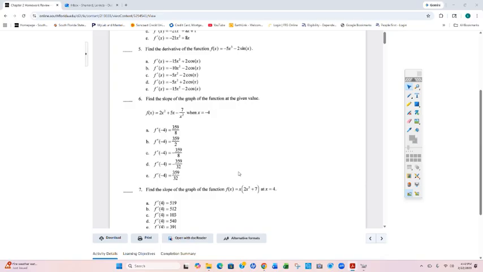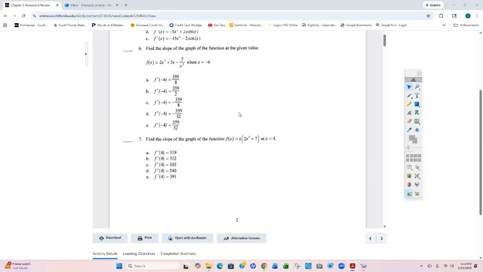Answer C, f prime of x equals negative 5x squared minus 2 cosine x. Answer D, f prime of x equals negative 5x squared plus 2 cosine x. Answer E, f prime of x equals negative 15x squared minus 2 cosine x. The correct answer is E, and that came from section 2.2.